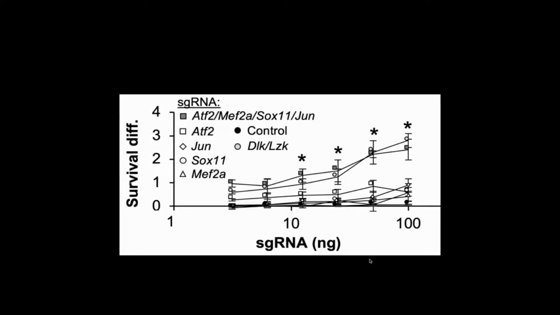We've done optimizations of dose, and for us, about 30 nanograms of sgRNA or synthetic guide RNA is the sweet spot for producing knockouts.